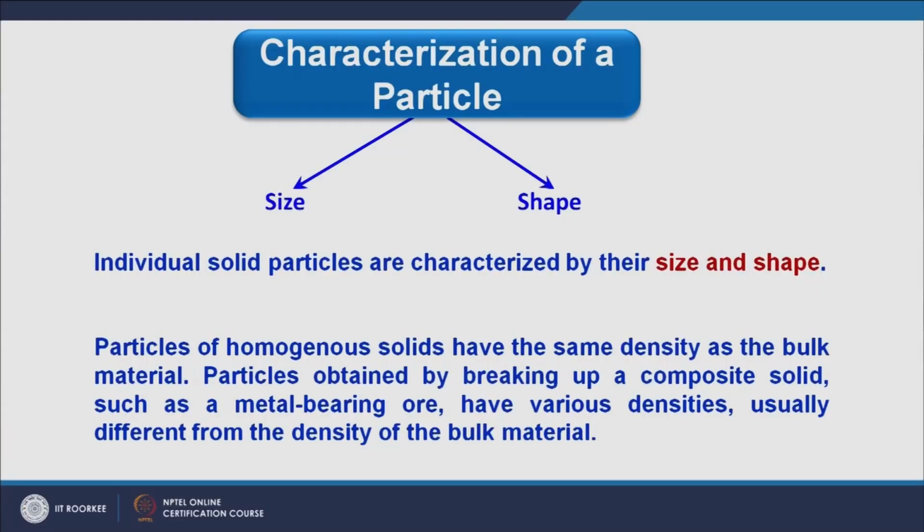Like if we break a rock, a composite solid, into a number of particles, one particle may have more of one composition in comparison to another. In a similar way, a second particle of the same rock has more of a second composition in comparison to the first one. So according to the composition, densities may vary. Therefore, the density of a particle plays an important role along with size and shape.